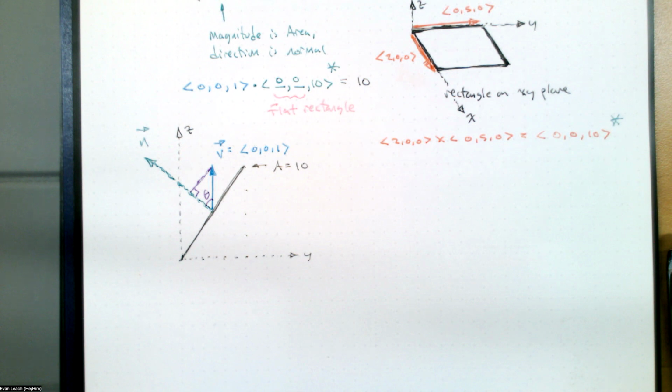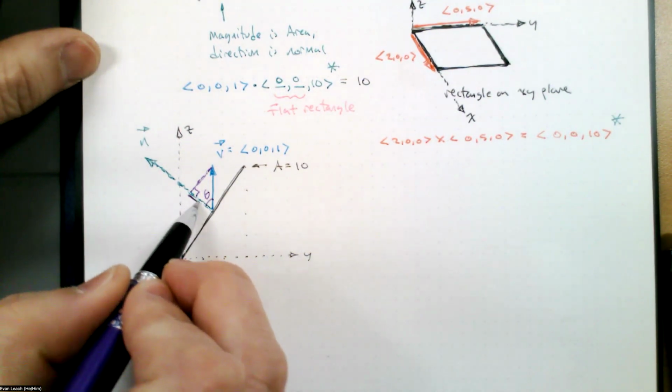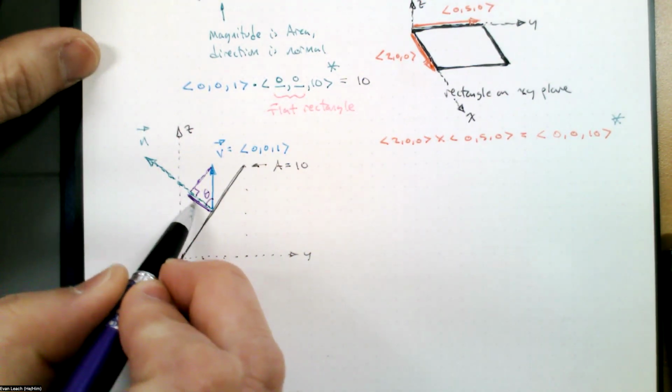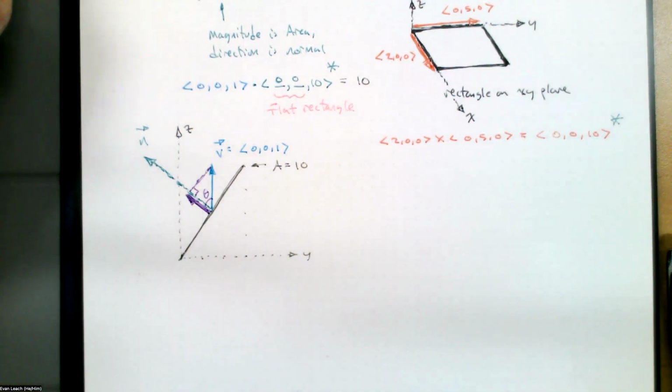Because when the normal vector and the velocity vector are in the same direction, theta is 0, cosine of 0 is 1, and as theta increases, cosine of theta decreases. So what we care about is the component of the velocity in the same direction.